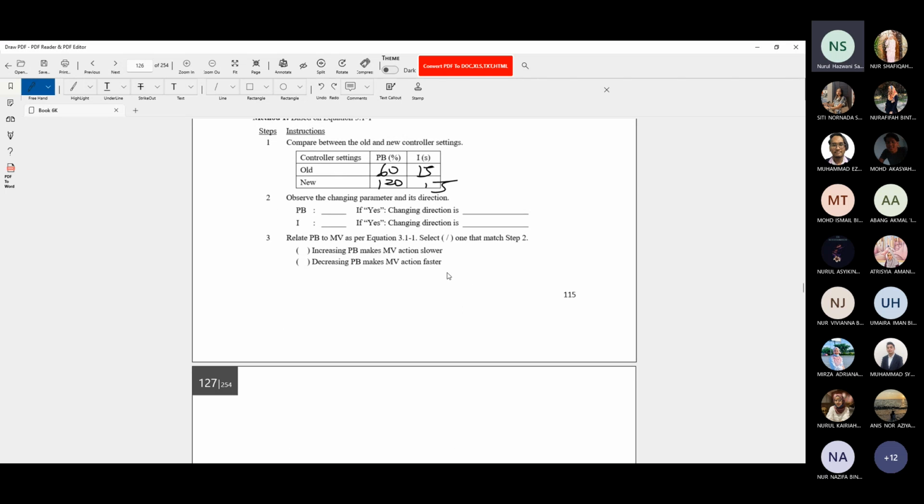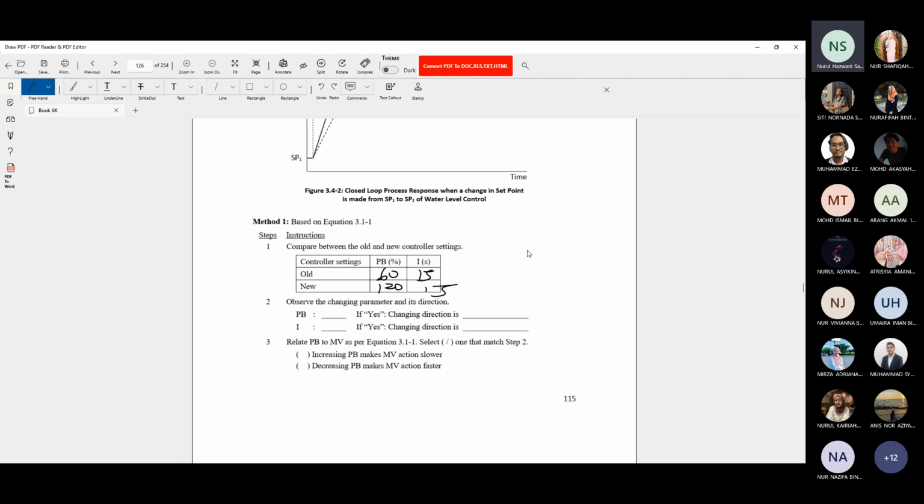Okay, so from here kita boleh cakap which one we adjust, PB or I. For PB is? Yes. Okay, for I is? No. So the change of PB is increase or decrease?